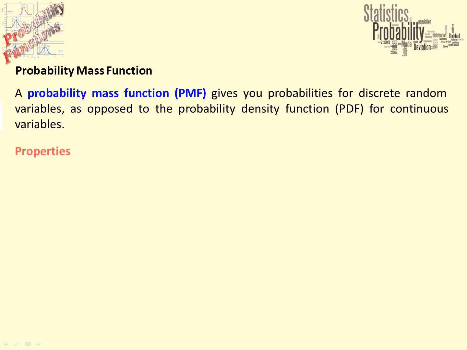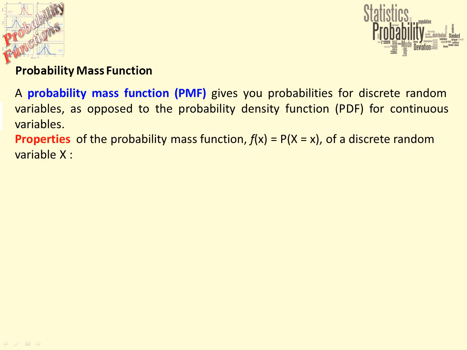It's continuous. Properties of the probability mass function: f(x), the probability mass function, is equal to the probability of this discrete random variable X equaling any particular values which little x can take on. Little x is like the n in the sigma notation.